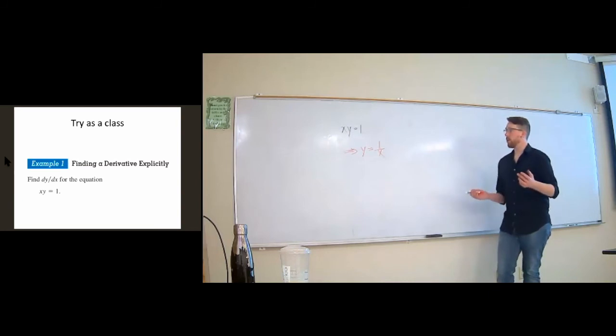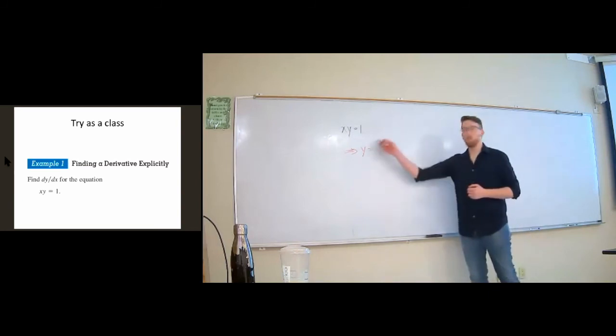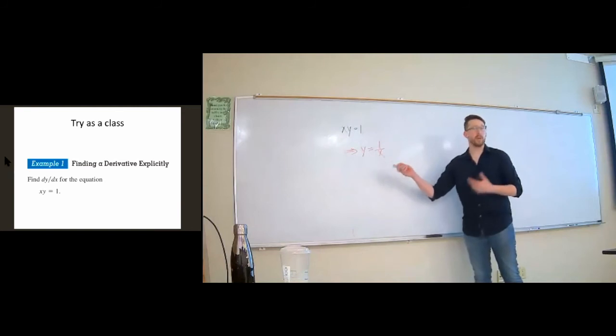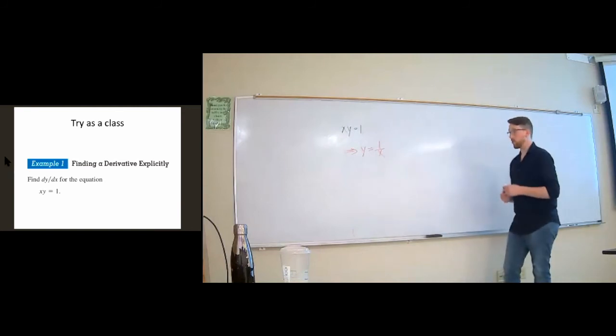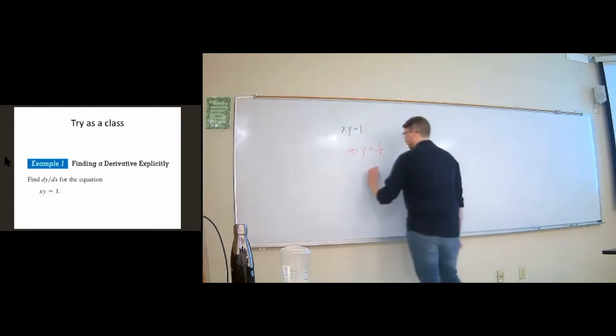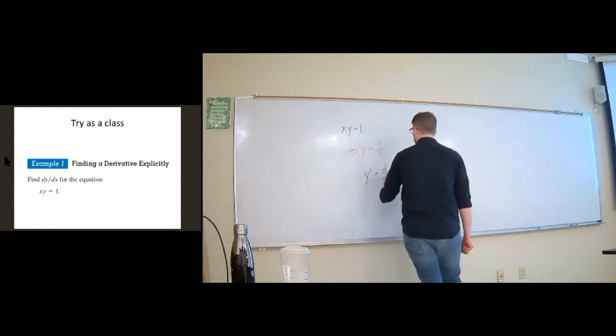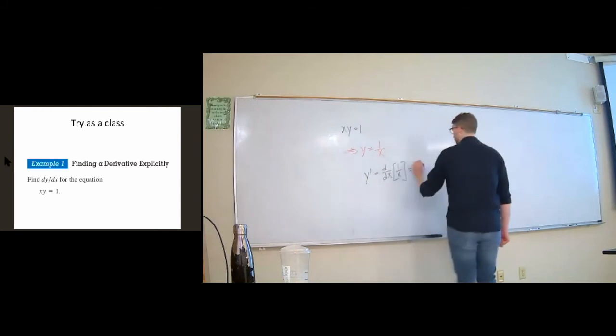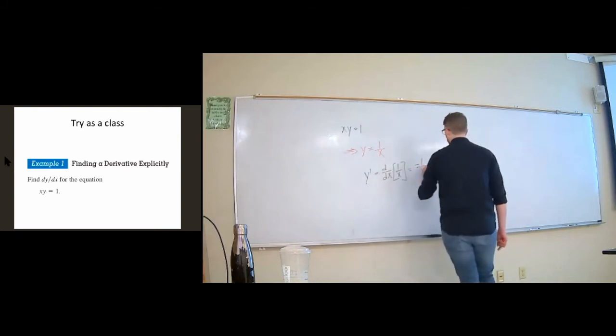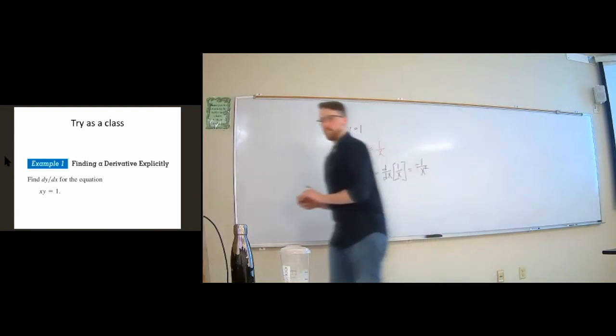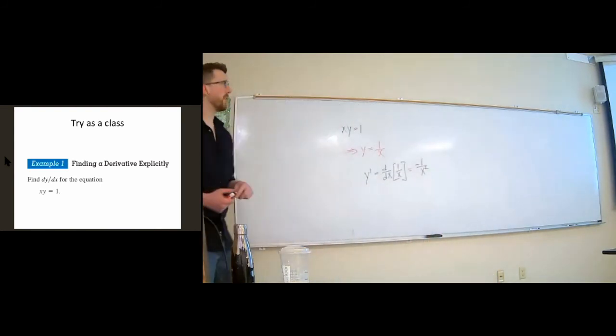Now here, we can find explicitly what dy/dx is. Just take the derivative. So y prime is equal to d/dx of 1 over x, which is equal to negative 1 over x squared. And that's the explicit derivative, dy/dx.